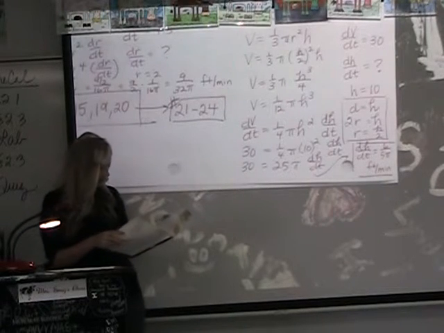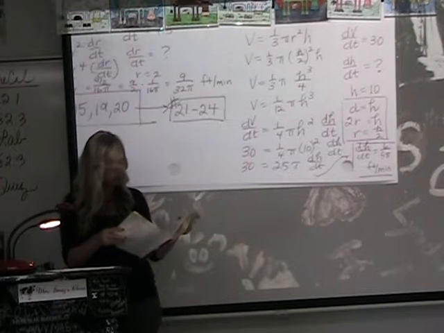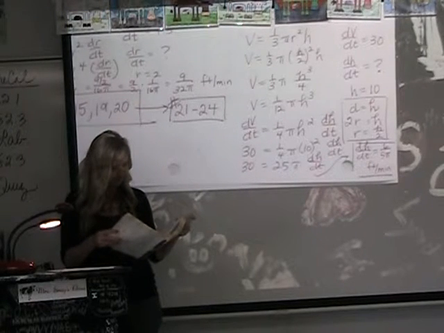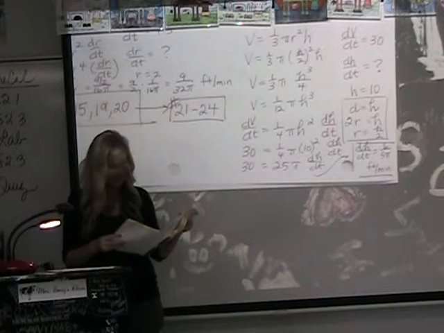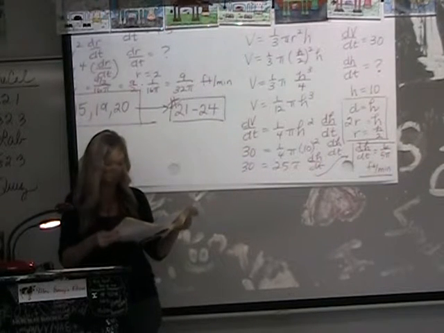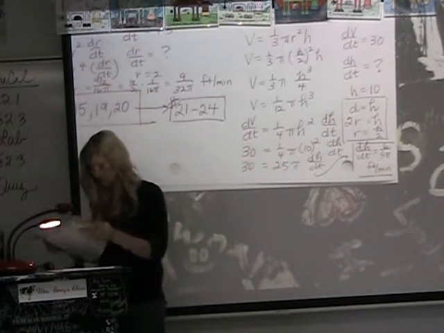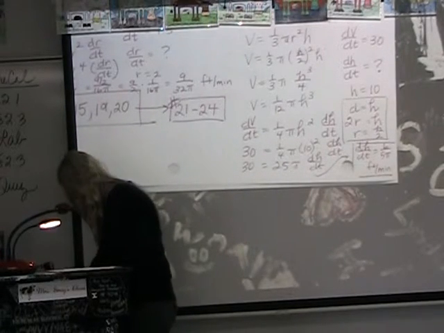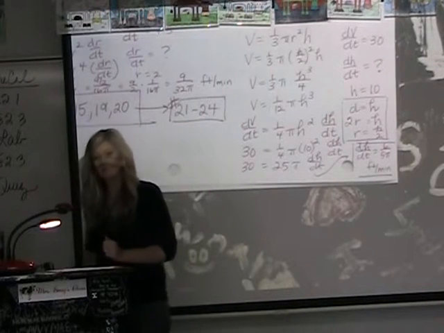Number 20, part A, was 9 centimeters cubed per second. And 20 part B was 900 centimeters cubed per second. So 9 cubic centimeters per second and 900 centimeters cubed per second.